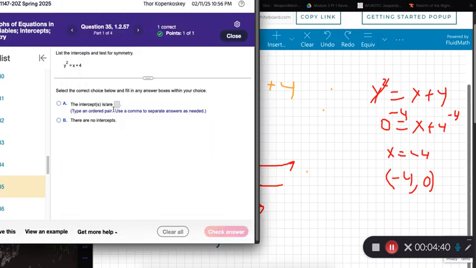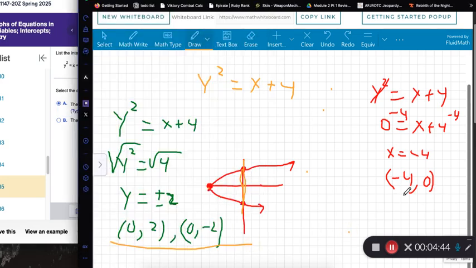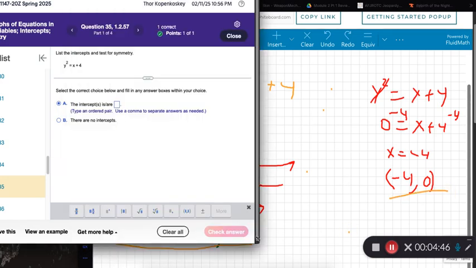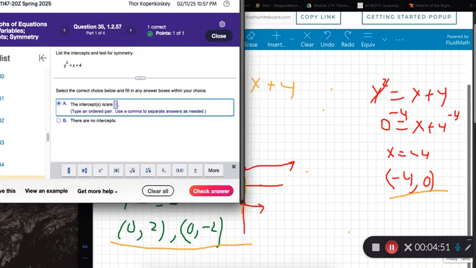So in Pearson, we're going to input our intercepts. So that's just these three pairs. When inputting it, it's important to get your spacing right so it can recognize the answer is correct.